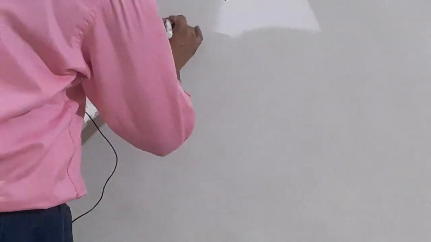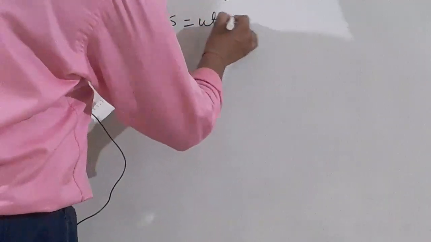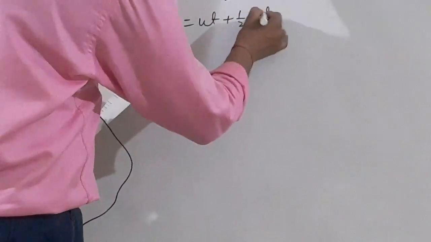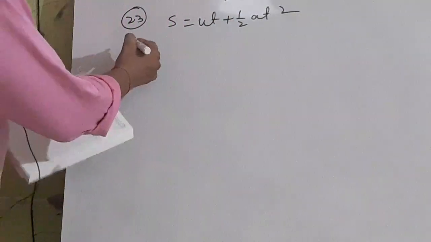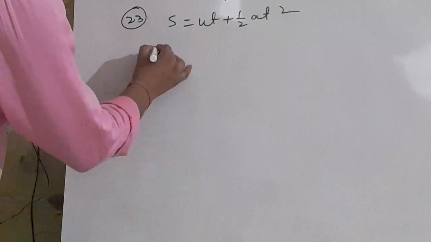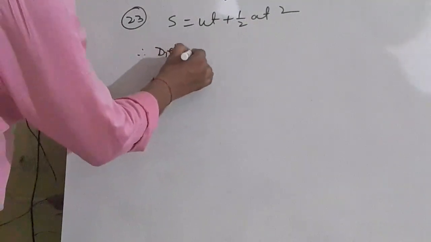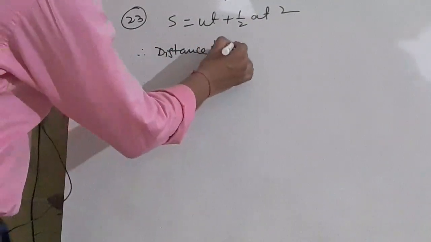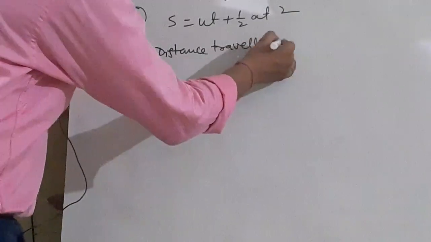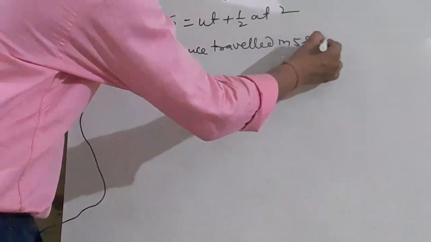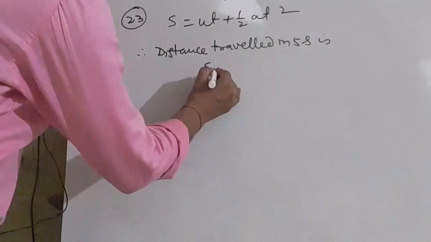You see question number 23. You have the formula S is equal to ut plus half at squared. Therefore distance travelled in 5 seconds is S1.